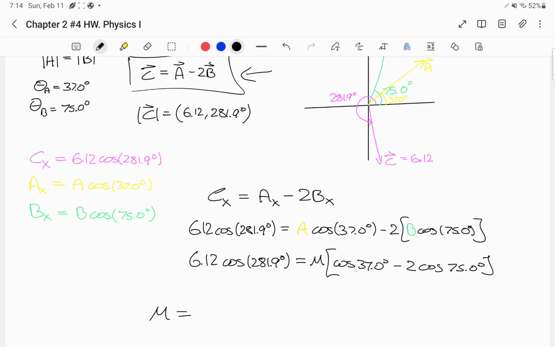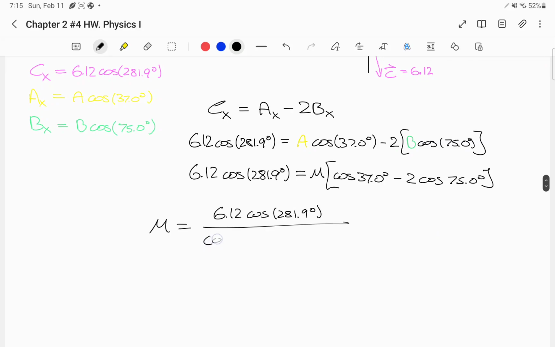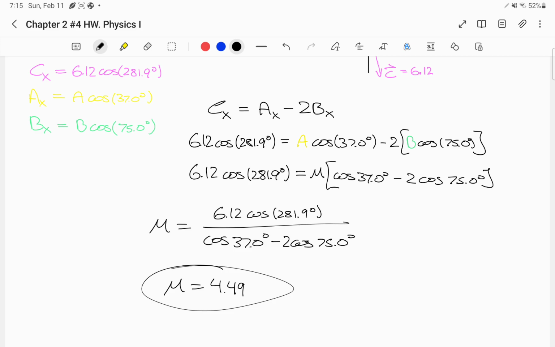Dividing both sides by cosine of 37 minus 2 cosine of 75 degrees, we have 6.12 cosine of 281.9 degrees all over cosine of 37.0 minus 2 cosine of 75.0 degrees. After you put that into your calculator, you should get 4.49, and that is the magnitude for A and B.